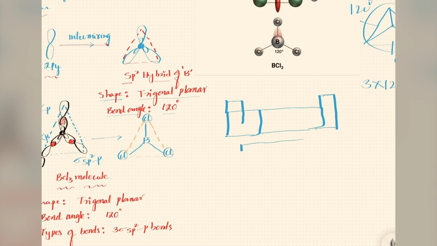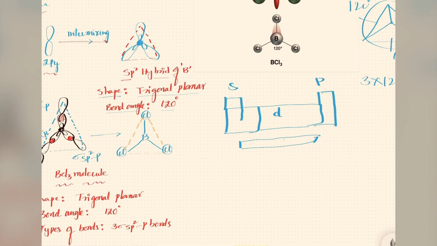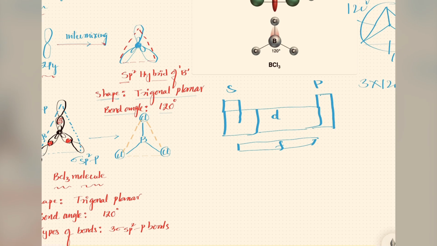Down the periodic table we have f block elements. Here this is the s block, this is the p block, here we have the d block, and this is the f block. Our chlorine is a 7A group element. Which group is it? 7A group, which belongs to the p block. So its valence orbitals are p orbitals.